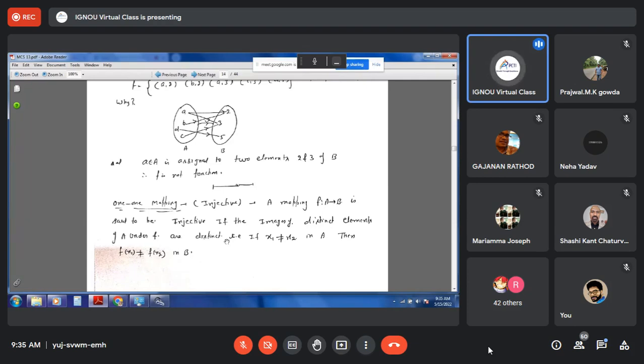Consider the example we discussed earlier. If the 3 members X, Y, Z are standing in front of a mirror, then there will be only 3 images. But how? The image of X is different, the image of Y is different, and the image of Z is different. It is the condition of one-one mapping, the condition of one-one correspondence.